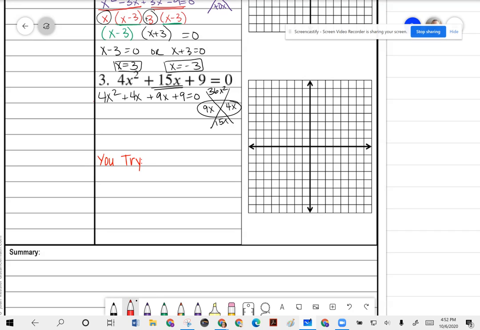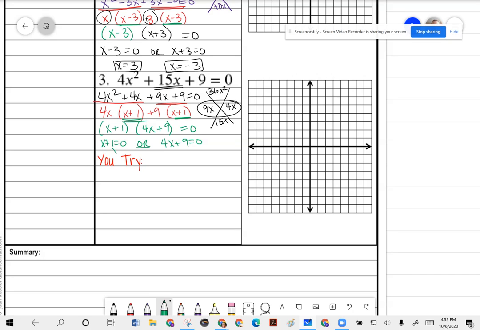And so we've got the 4x's in common, so I'd have x plus 1. I've got a positive 9 in common and an x plus 1. So I take my plus 1s, that becomes its own factor, and then I have 4x plus 9, and again it equals 0. So I'm setting each one of those, x plus 1 equals 0, and 4x plus 9 equals 0.